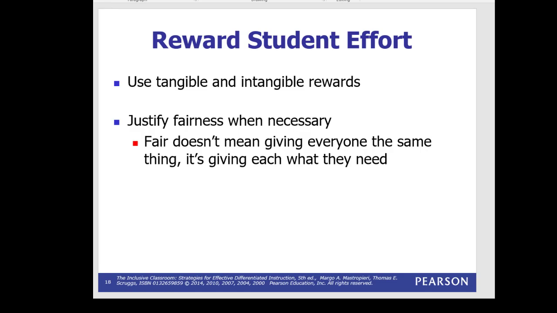The idea that we need to give every student what they need, and that doesn't mean giving every student the same thing. A student with an emotional disability may need a very prescriptive reward system for good behavior. They may be the only person in the class that needs that particular system because that's what they respond to, and that's what's helping them increase desired behaviors and subsequently decrease undesired behaviors.